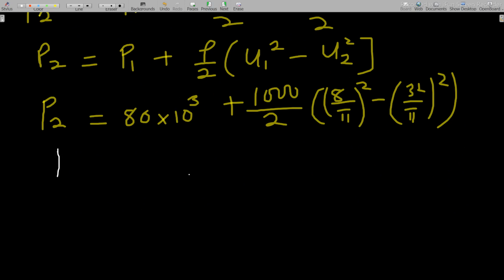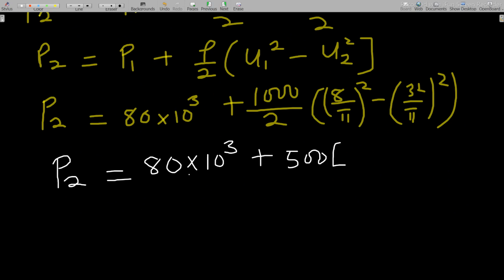So P2 here would then be equal to 80 times 10 to the power 3 plus half of 1000, which is 500, times whatever is in the bracket: 8 over π squared minus 32 over π squared. We get negative 97.2683.